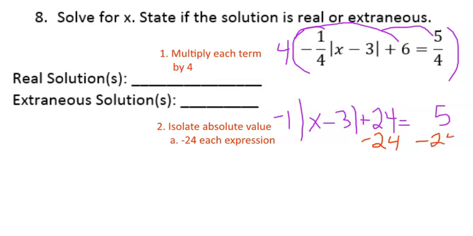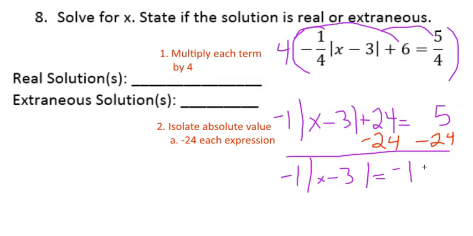So I have minus 24, minus 24. So we have negative 1 absolute value of x minus 3 equals negative 19. Okay, the next step, we want to still isolate the absolute value, so we're going to divide each term by negative 1.